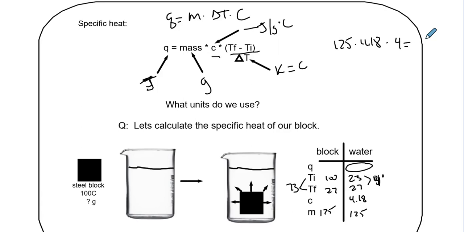Okay, I got 2,090 joules of energy. A joule is not really all that big. That is the amount of energy dissipated by the block.